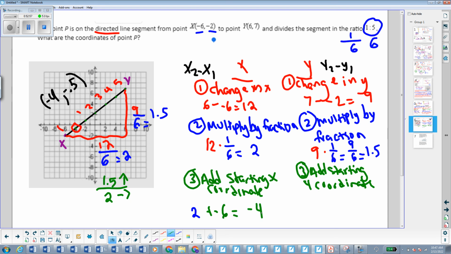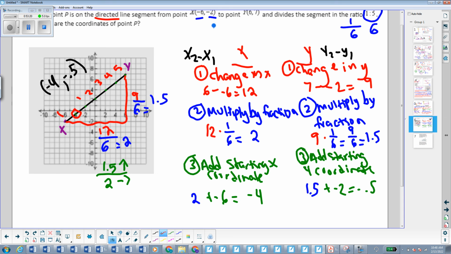And that gives me -4. I'm also going to take our result here for the y-coordinates, 1.5, and I'm going to add the starting y-coordinate, which is -2. And feel free to use a calculator if you need to, but you should get -0.5.